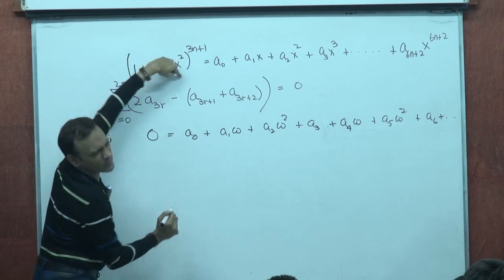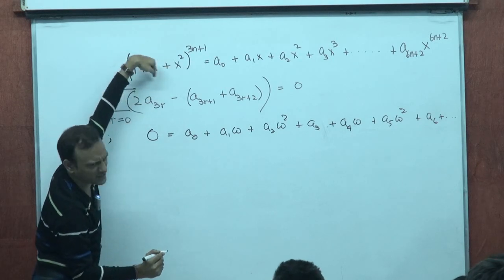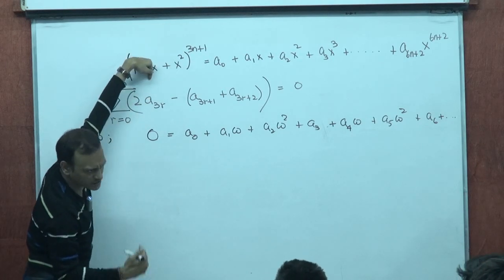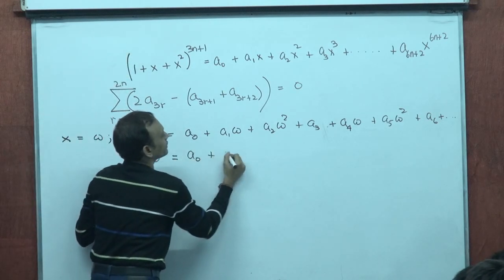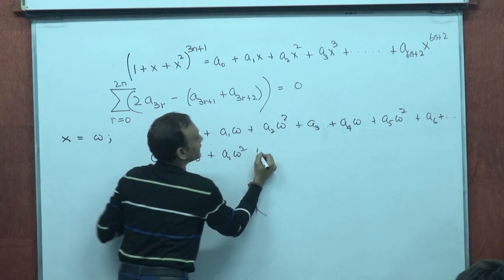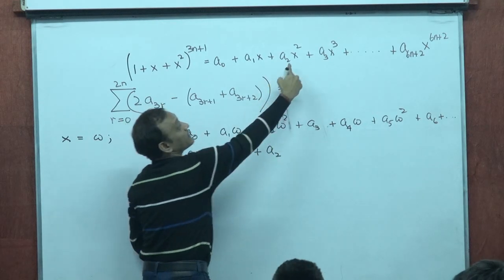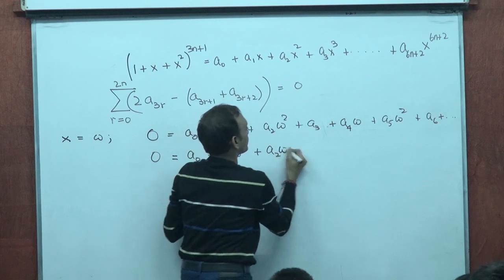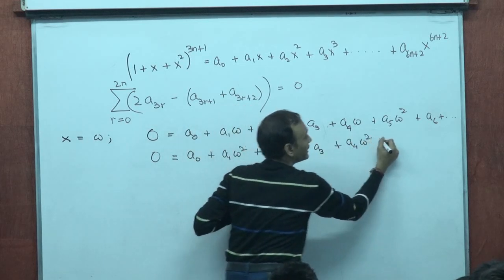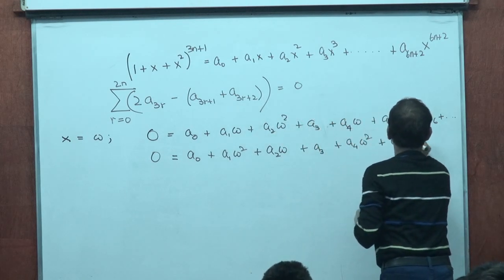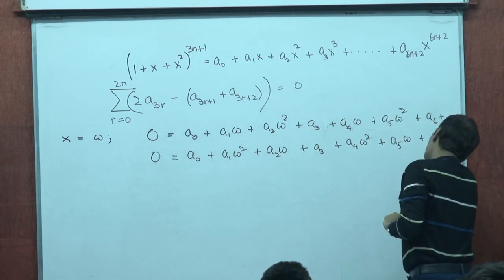Plug in x equal to omega squared. Once again, it will be 0 because omega and omega squared are both roots of this equation. So that will also be 0. That's a0 plus a1 omega squared plus a2 omega plus a3 plus a4 omega squared plus a5 omega plus a6.